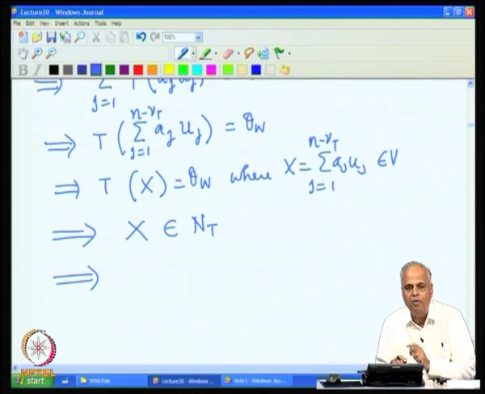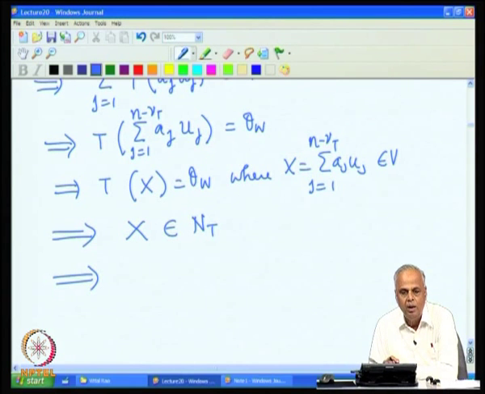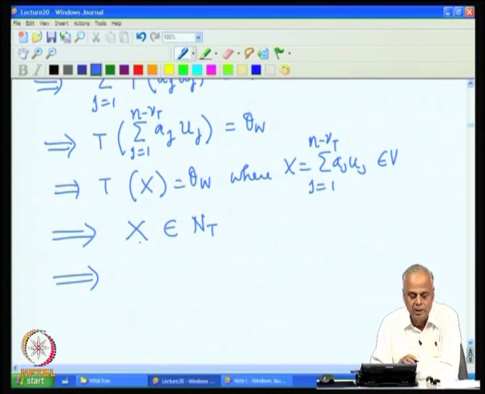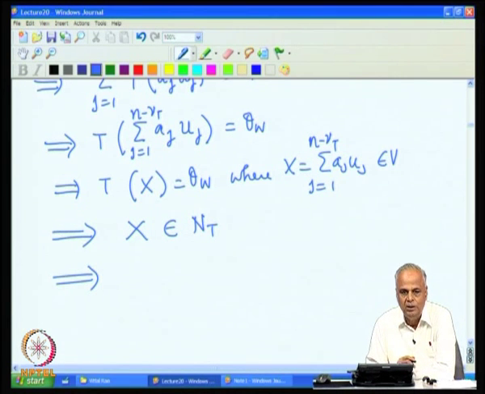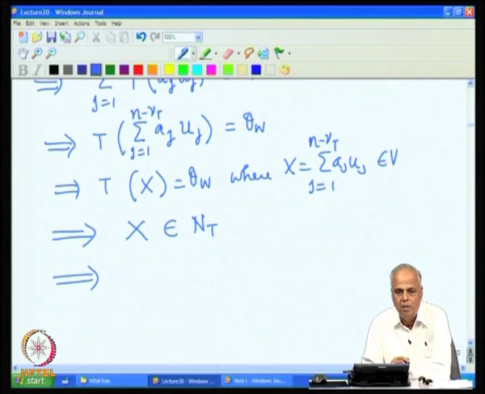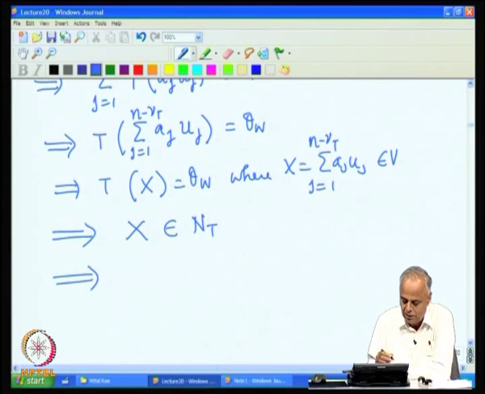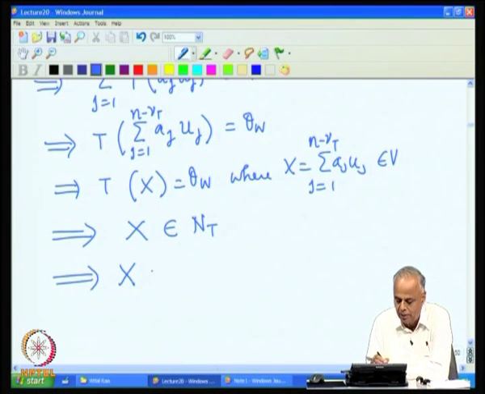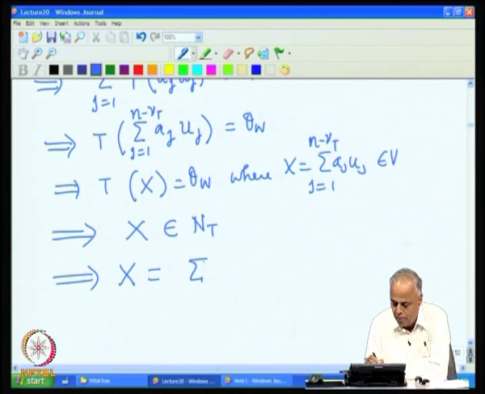Now, phi 1, phi 2, up to phi nu t were all a basis for the null space of T, and x is a vector in the null space of T, and any vector in the null space of T can be expressed as a linear combination of the null space basis vectors. So, x can be written as summation i equal to 1 to nu t b i phi i.